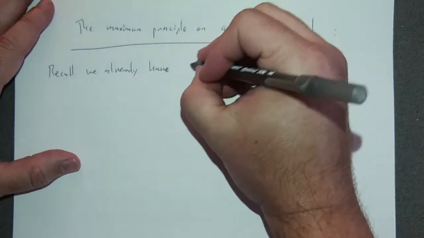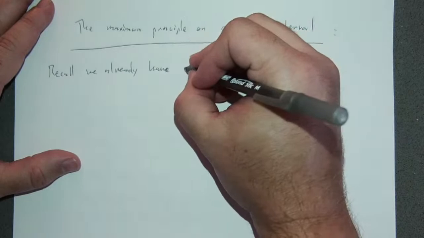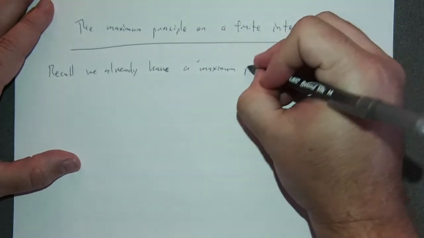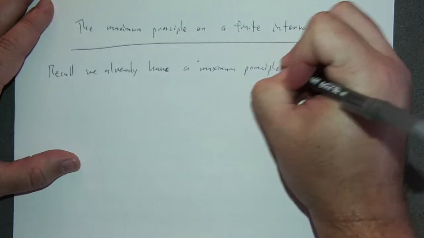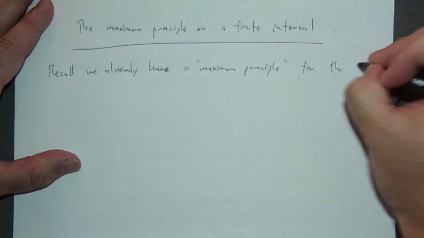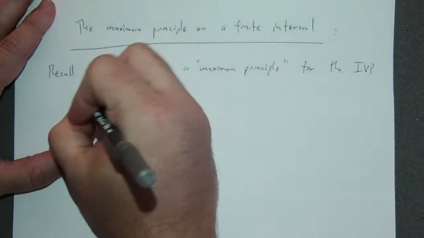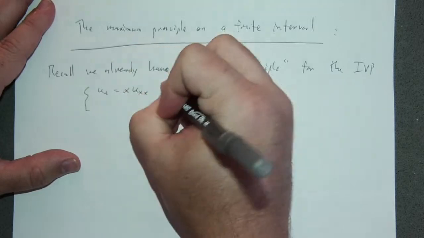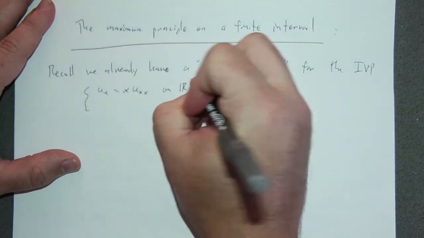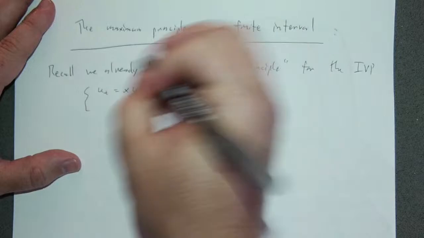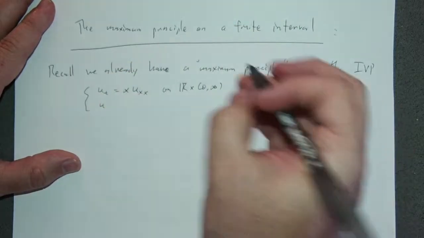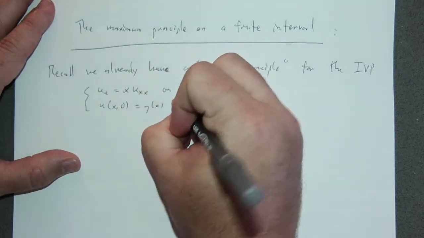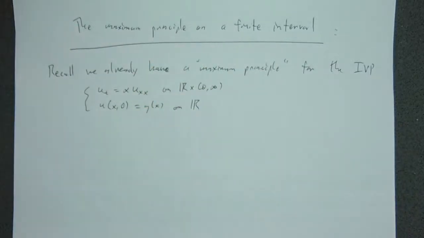So we've already seen that we have a maximum principle for the IVP, that is, u sub t is alpha u sub xx on R cross 0 to infinity, and u of x, 0 is g of x on R. So we already have a maximum principle for this.